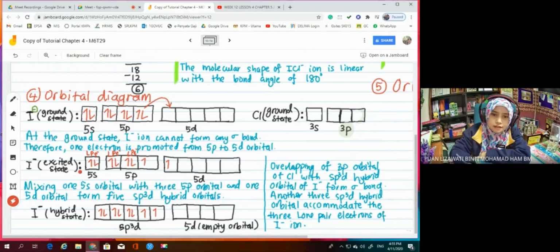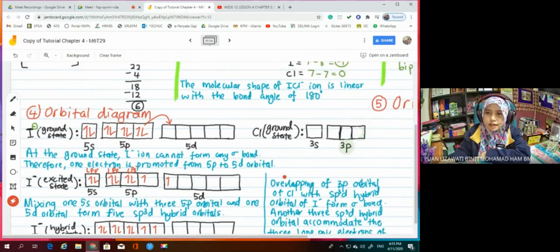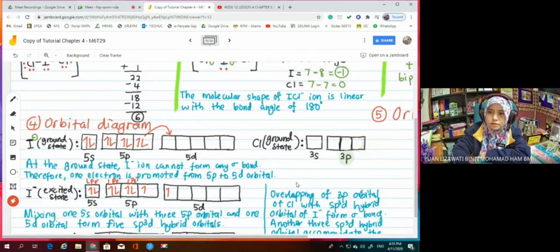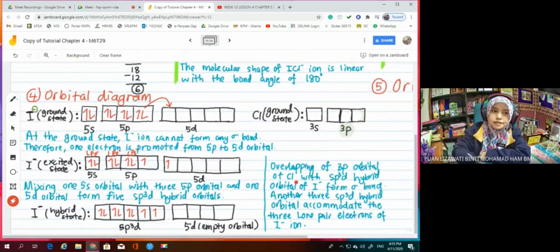You can see here that there are 4 empty 5d orbitals. You have to write it down here and label it 5d empty orbital. Now we move to the terminal atom, that is the Cl. We already calculated Cl is neutral, 0, which means Cl has 7 valence electrons.